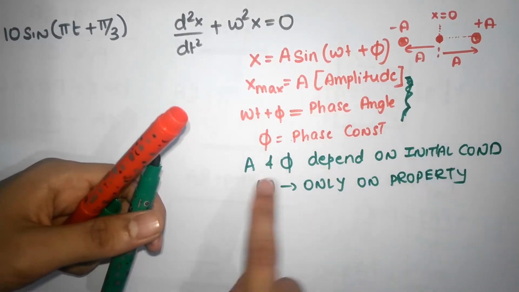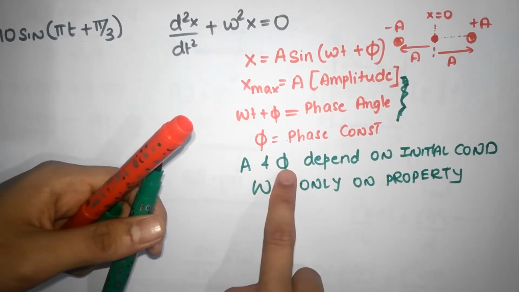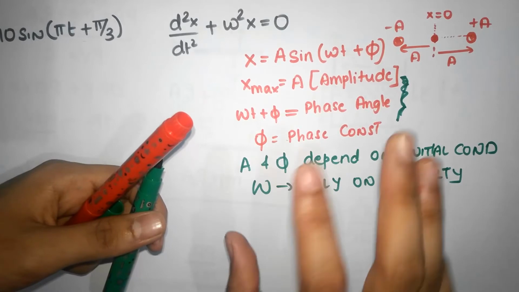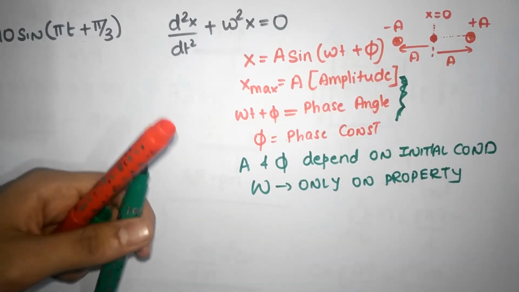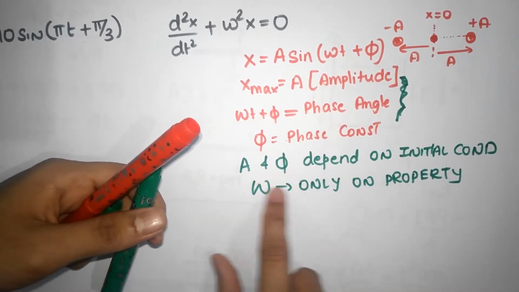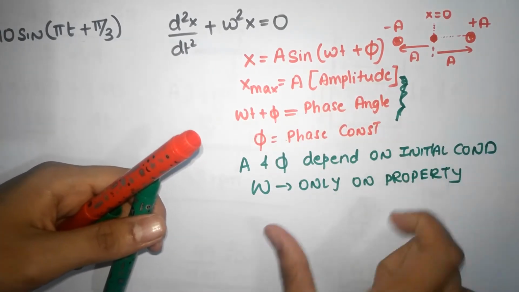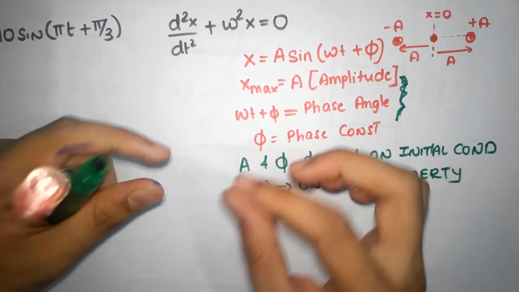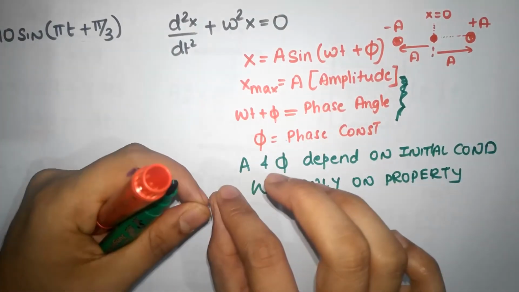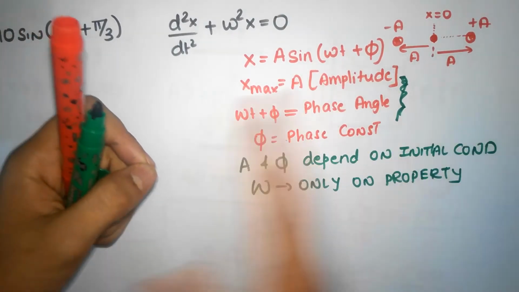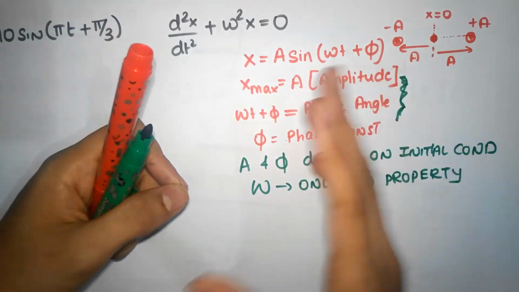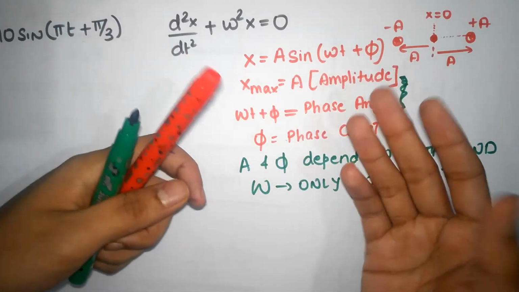These two things are going to reflect in your amplitude and phi values. But omega only depends on the property of the system, and it doesn't depend on the initial conditions. It's not very intuitive, but remember, if you have a spring, you stretch it a little bit or you stretch it more, the omega will remain the same, provided the masses and the spring constants are the same.